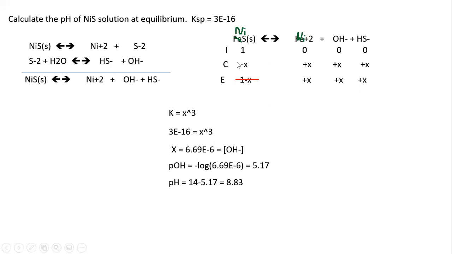Now, since hydrogen sulfide or bisulfide anion is basic, you could add acid to the solution to increase the solubility of your compound. So this was the pH of a weakly basic anion.